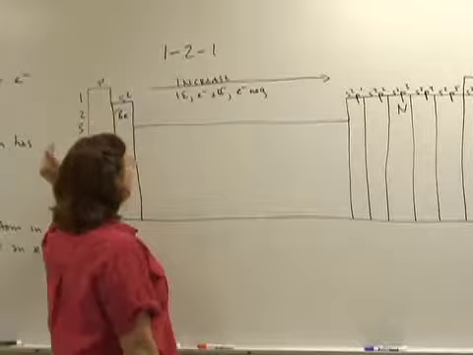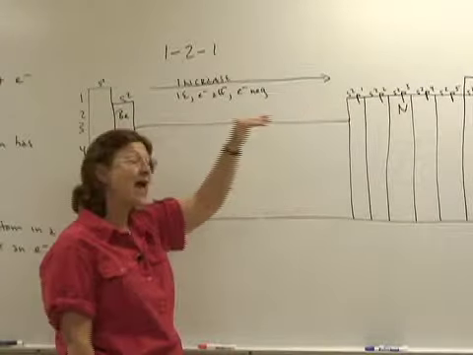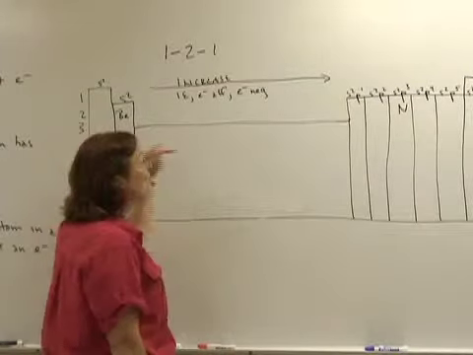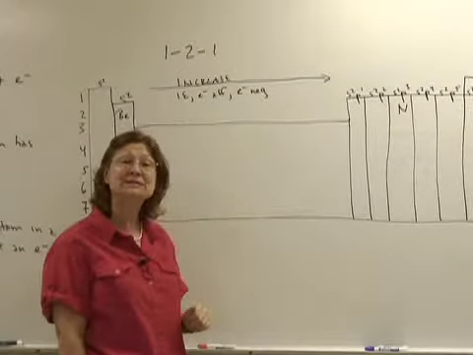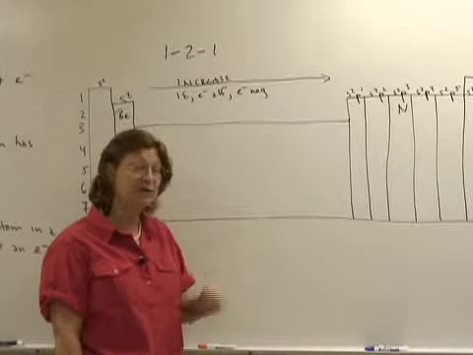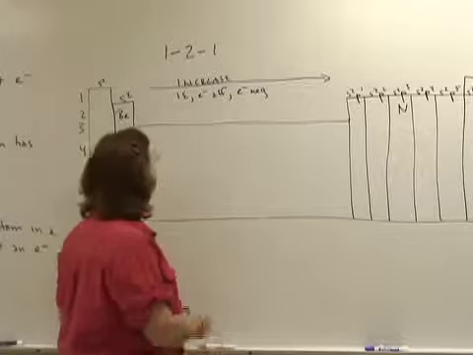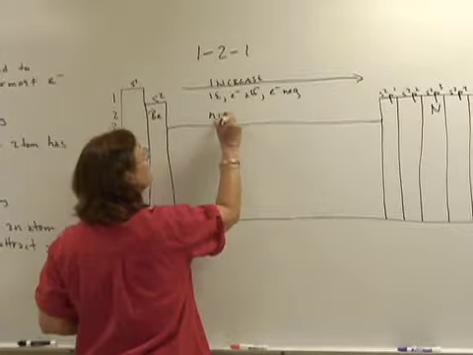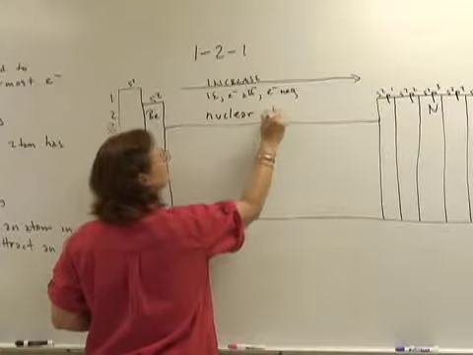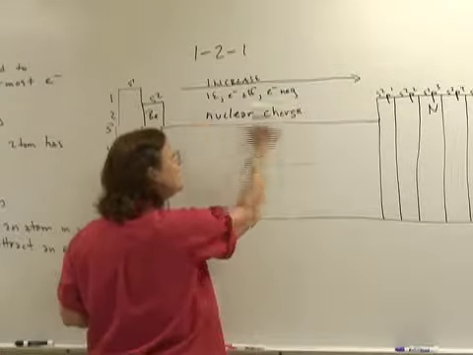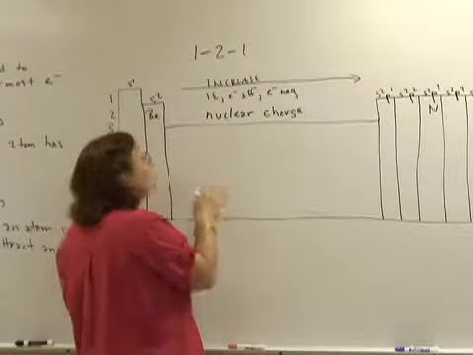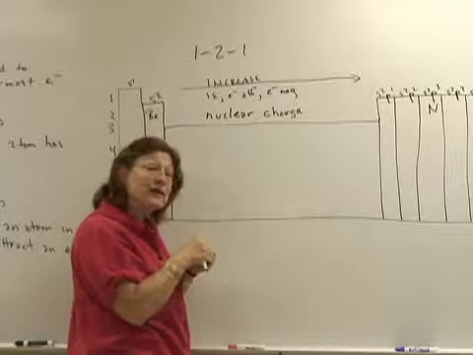And the reason that they increase from left to right is that as we are going across a period, we are increasing the number of protons. We are increasing the nuclear charge. And that is why it increases from left to right, because it is holding on more tightly to those electrons.